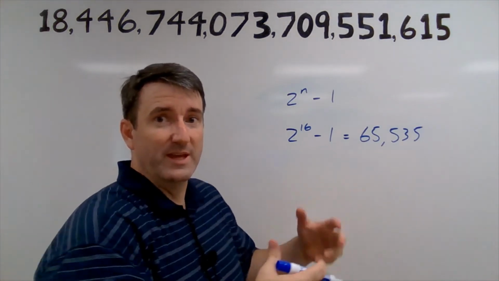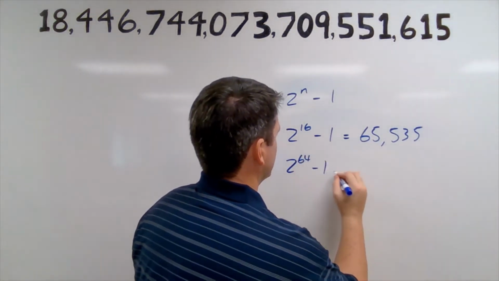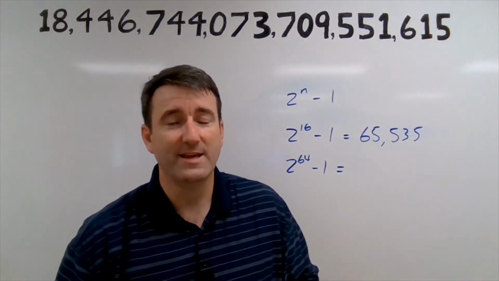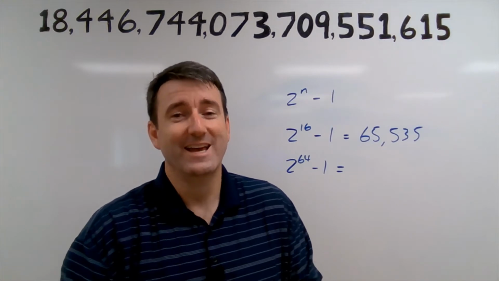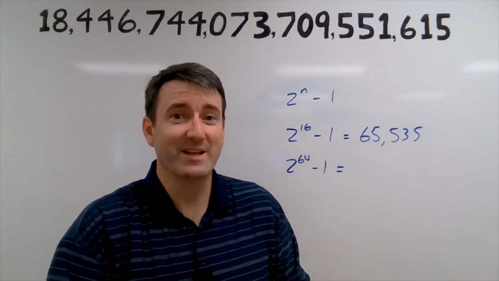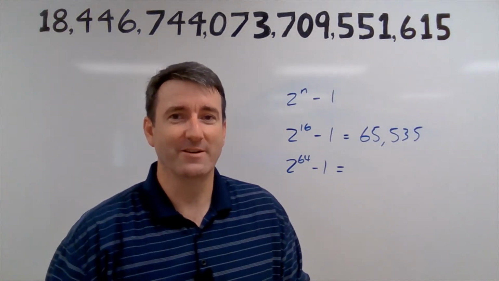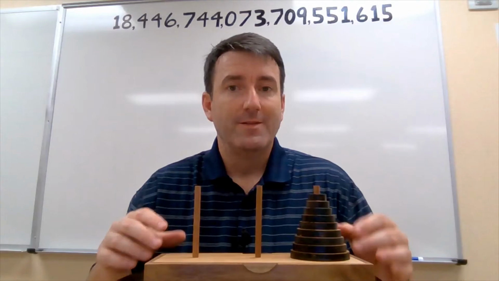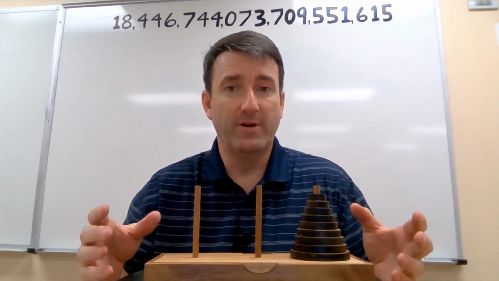But through the whole board, we'd have 2 to the 64th minus 1, which you may have guessed is 18 quintillion, 446 quadrillion, 744 trillion, 73 billion, 709,551,615.